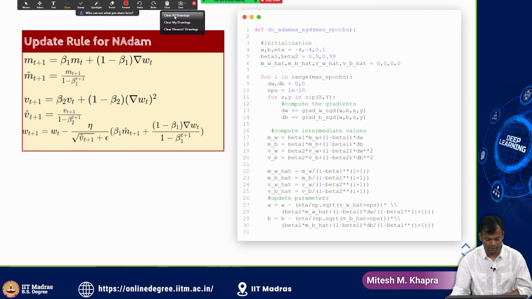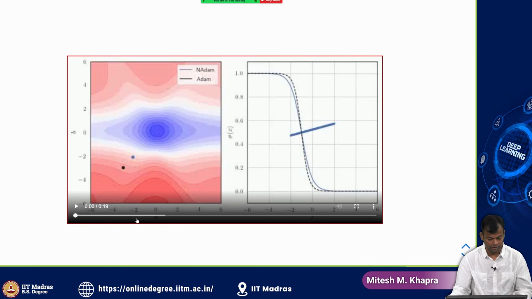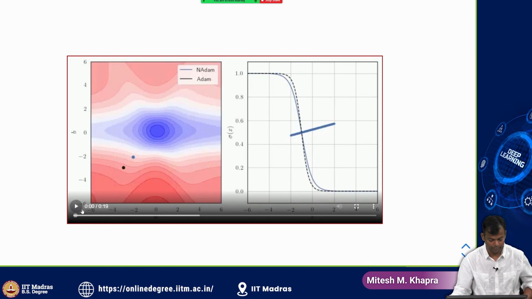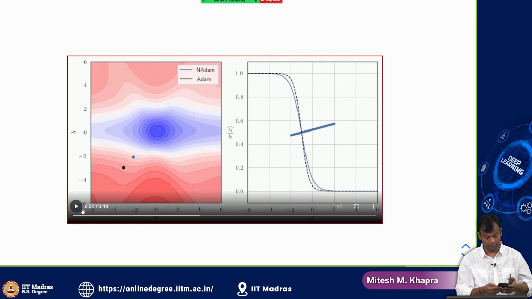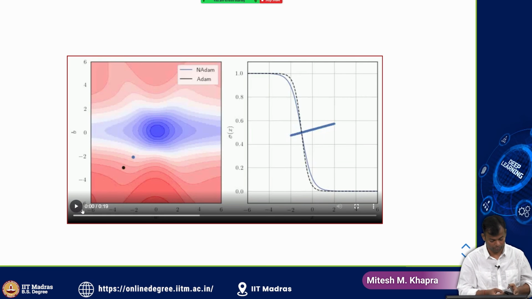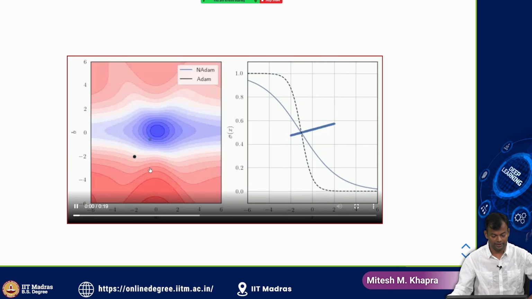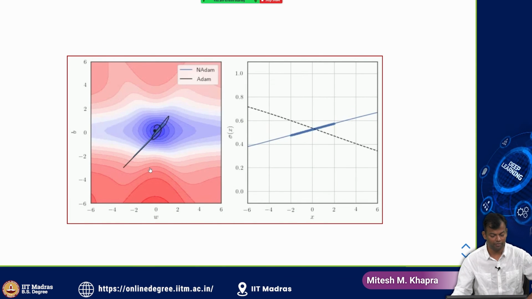And now let's see how it works in practice. So look at an example. Yeah, so I'll just run it, and you can see the same Nesterov effect here, right?